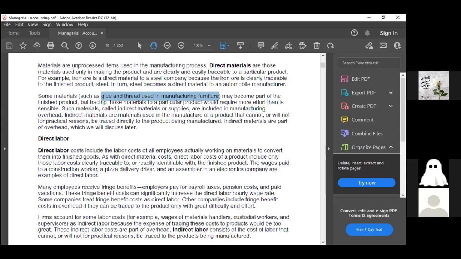Okay, so let's go to the problems we solved in financial accounting.